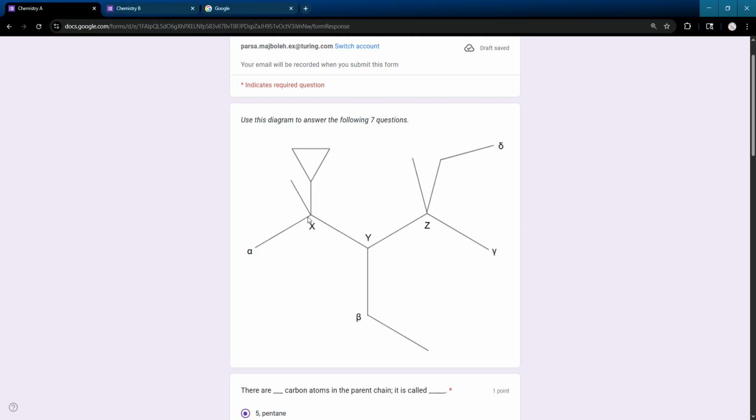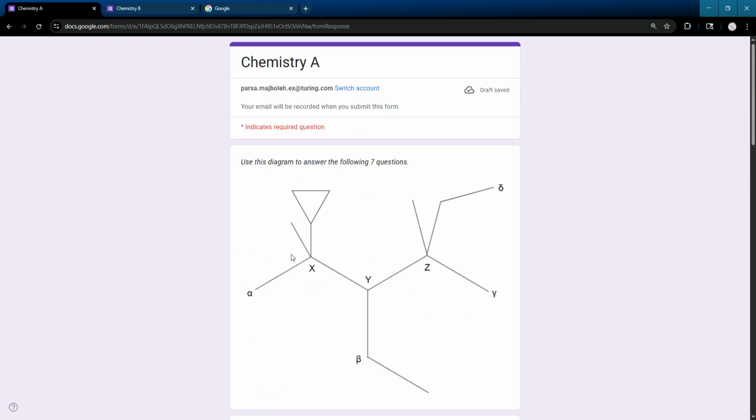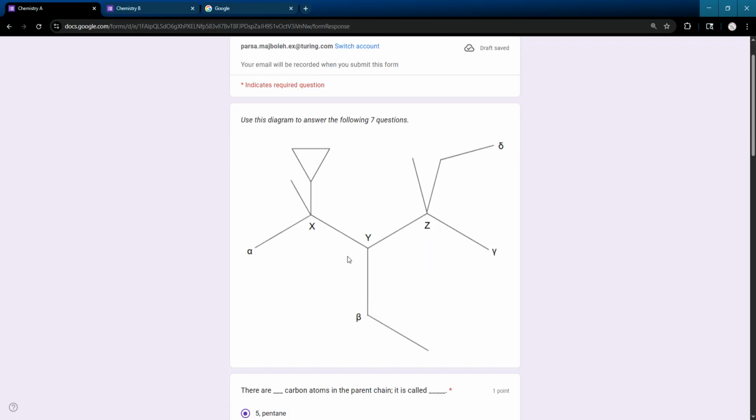Yeah, so it makes more sense now just from the exam. But X has branches, Y has branches, and Z has branches. So it would be 1, 2, 3, 4, 5 with 1, 2, 3 branches.